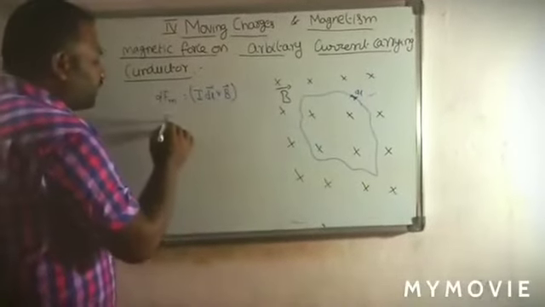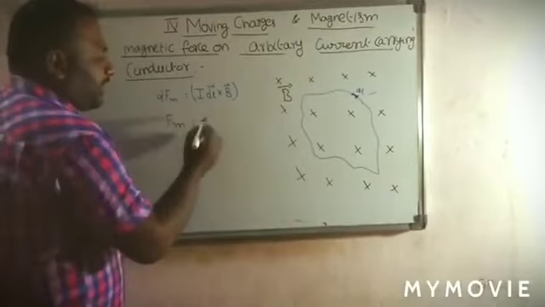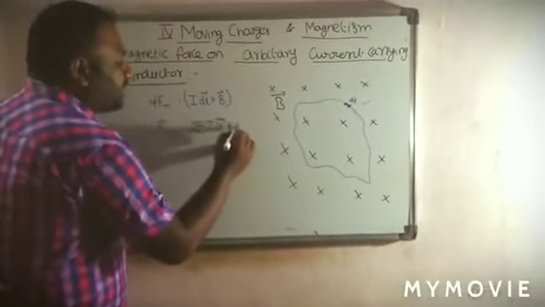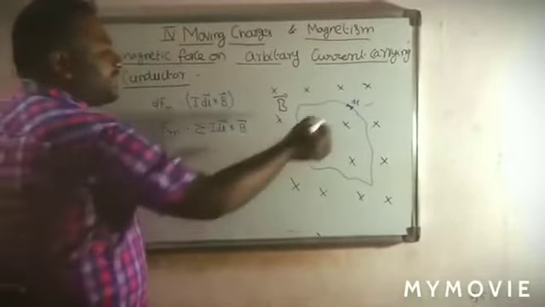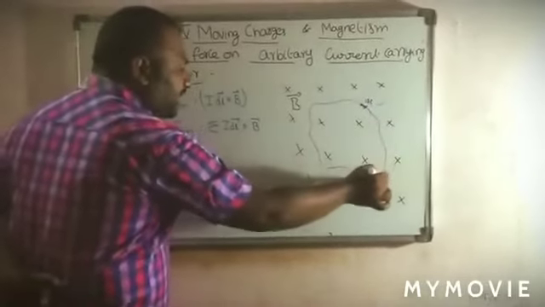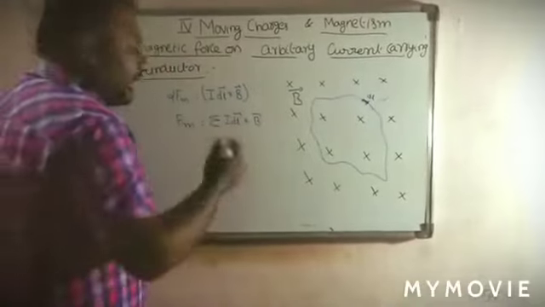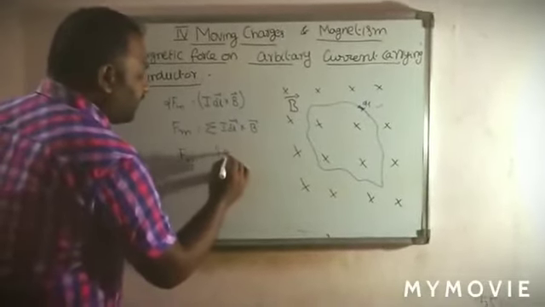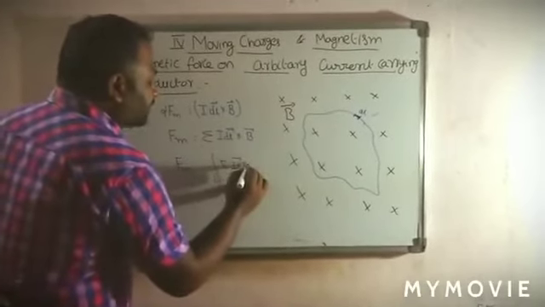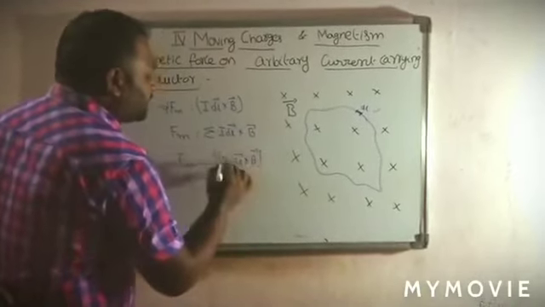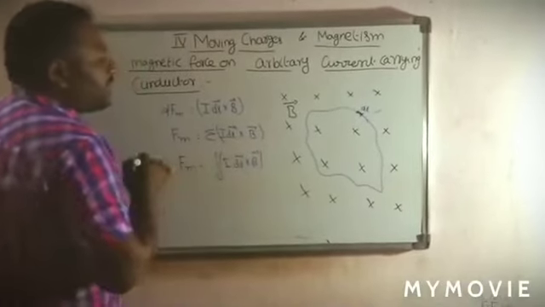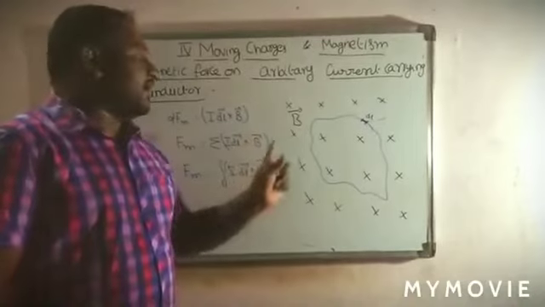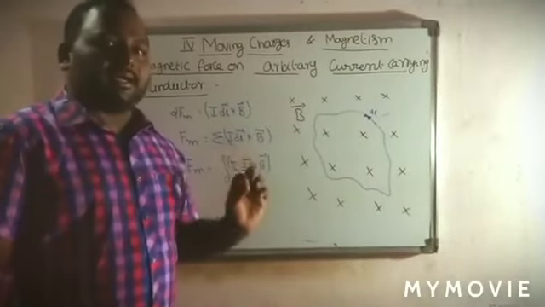If you want to get the total magnetic force, the formula that can be used is sigma I dl bar cross B bar, where sigma means summation of all these current elements. We also use another expression, that is Fm equal to integral I dl bar cross B bar. So these are the expressions we are going to use for calculating the magnetic force on an arbitrary current carrying conductor.